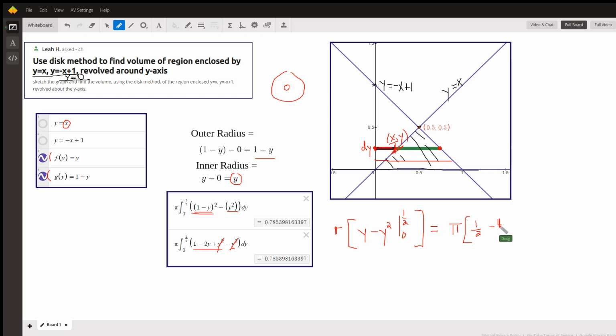Whoops, 1/4. That's supposed to be a 1 right there. Equals 1/4 pi, or pi over 4. That's your area, and that's what this number is right here, pi over 4.